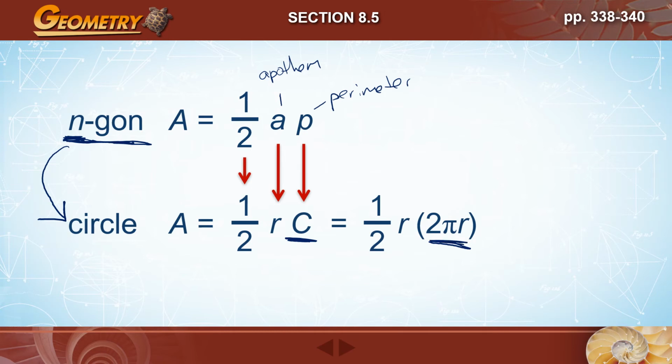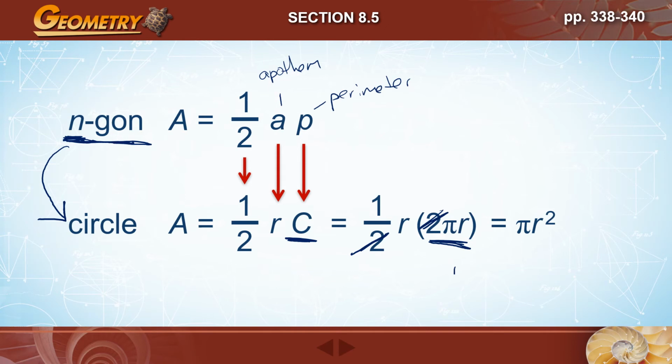We get rid of the C and put in 2 pi r, and then we get 1/2 r times 2 pi r. You're still saying that is not the formula that you have memorized. Correct, because we can simplify. The 2's cancel out and we get pi r squared.